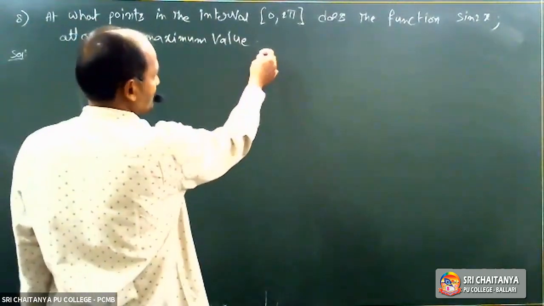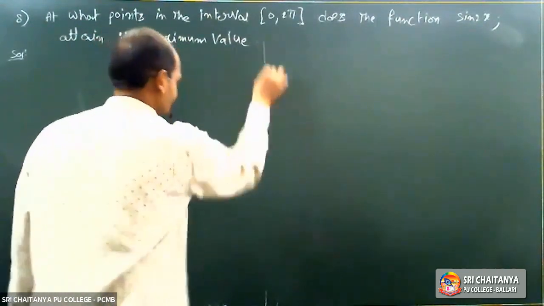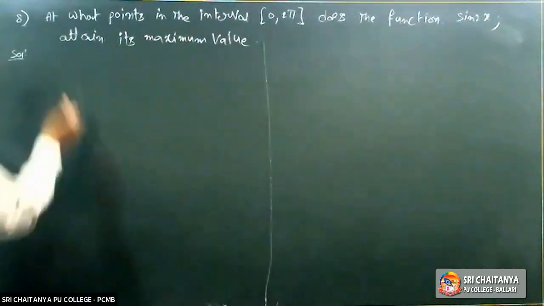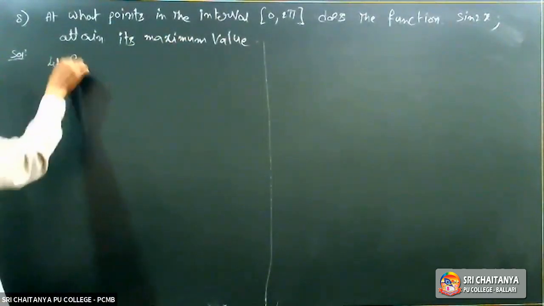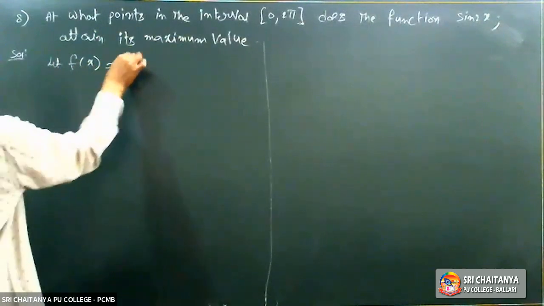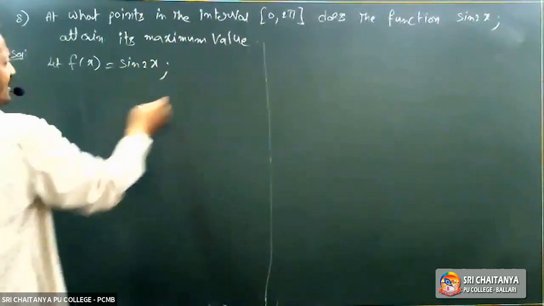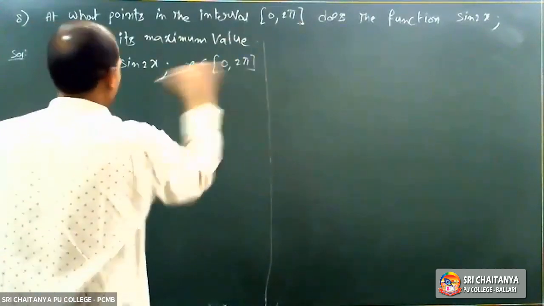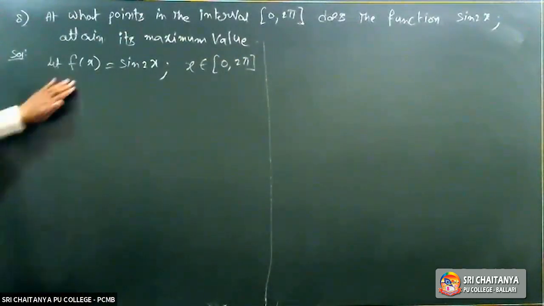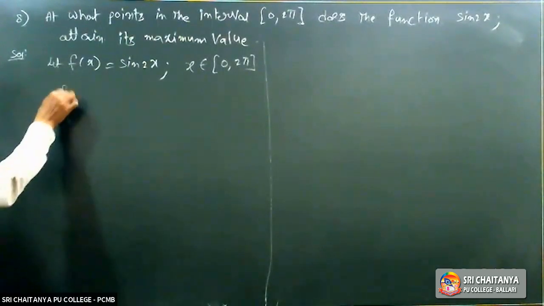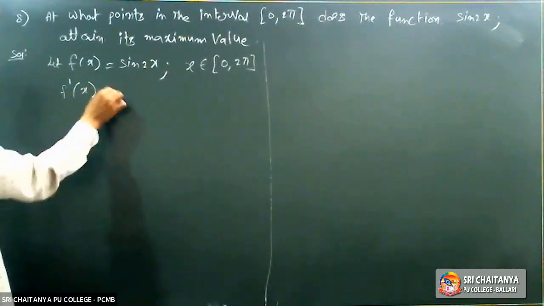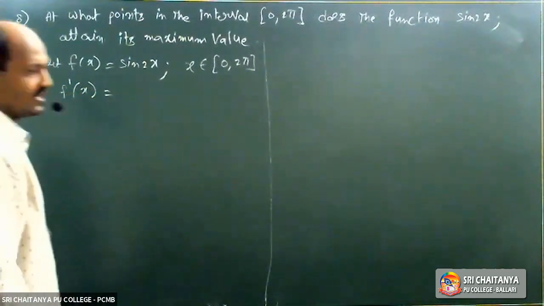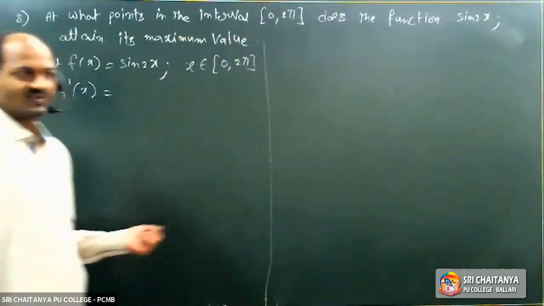So given f of x is equal to sine 2x. Here given x belongs to 0 to 2 pi. What about the first derivative? Derivative of sine x is cos x.